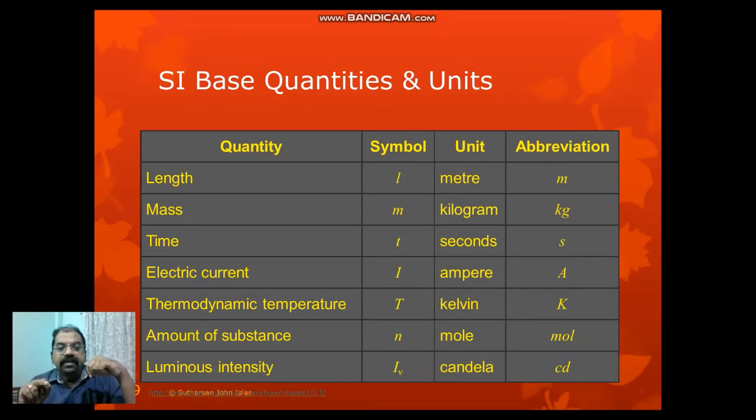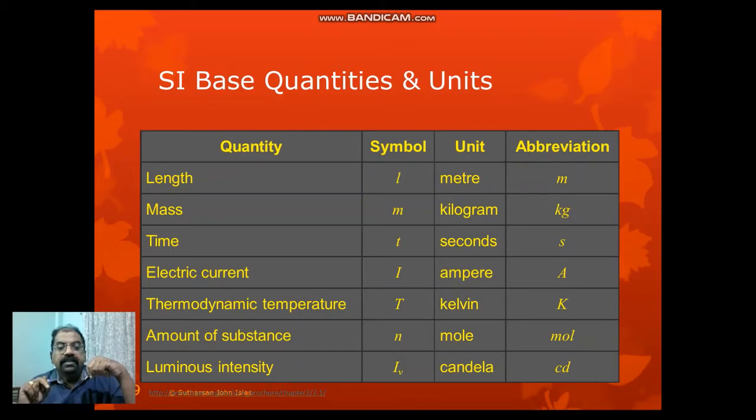Electric current, capital I, unit ampere, abbreviation capital A. Thermodynamic temperature, capital T, Kelvin, abbreviation capital K. Amount of substance, the symbol is N, unit is mole, and abbreviation is mol. You know amount of substance, you must have studied in chemistry.